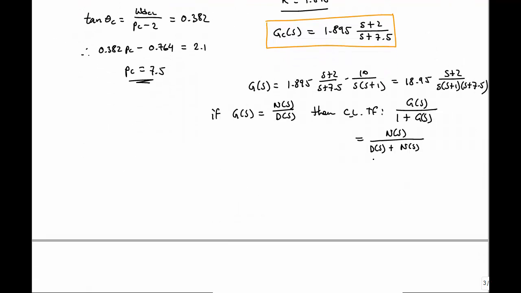And this is an important observation, mainly that the open loop zeros are, or become, the closed loop zeros. In other words, they don't change.